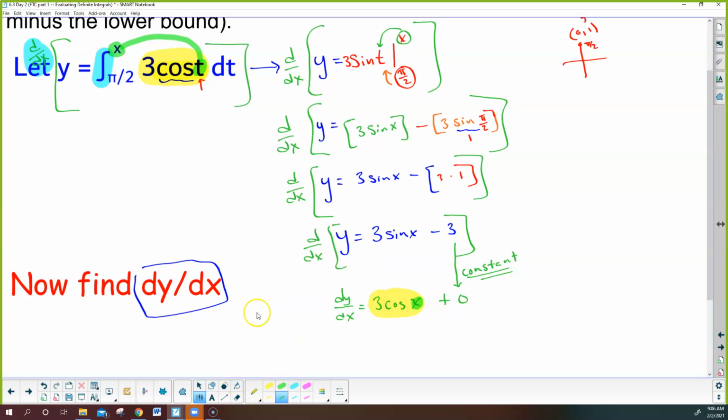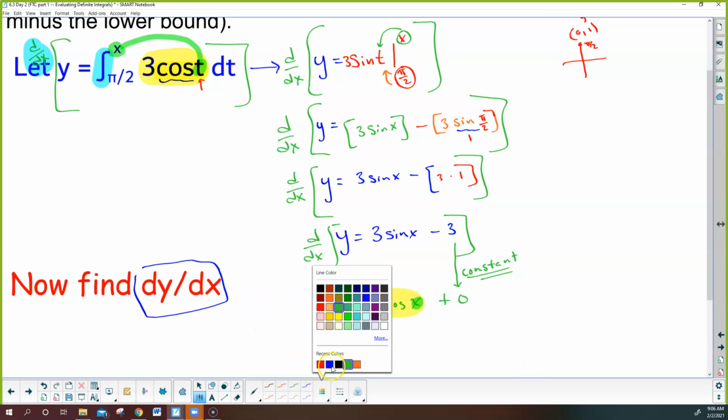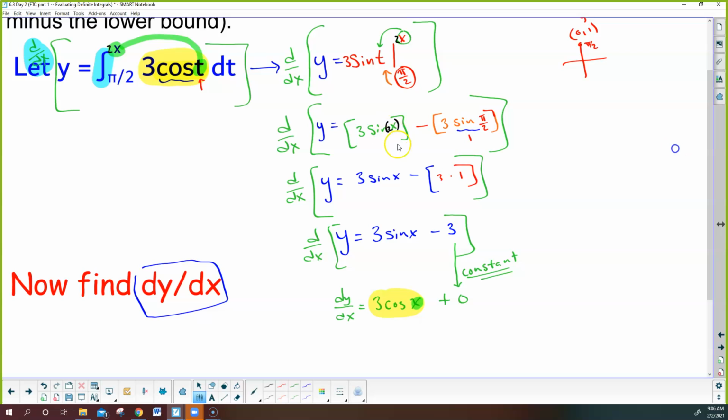Now, there's a little bit more to it, because if this was something other than x, let's say it was a 2x, okay, watch what happens if this is a 2x. Please don't write this because I'm going to kind of erase it as we go along. If this was a 2x, then I would have to put a 2x here, and then I'd get a 2x in here, right?